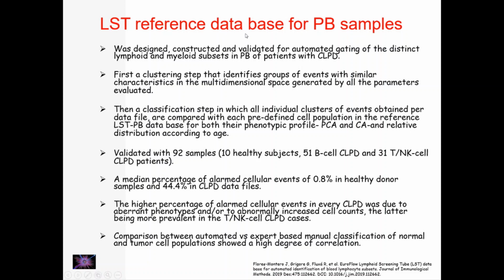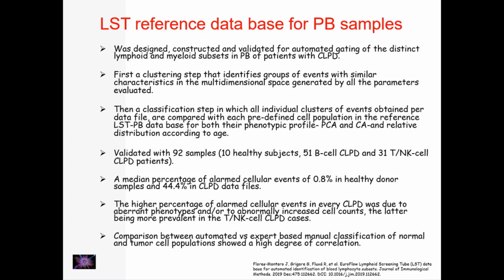So, to conclude this part of my talk, I would like to say that the LST reference database for peripheral blood samples was designed, constructed and validated for automated gating of the distinct lymphoid and myeloid subsets in peripheral blood of patients with CLPD. First, the clustering step that identifies groups of events with similar characteristics in the multi-dimensional space generated by all the parameters evaluated.